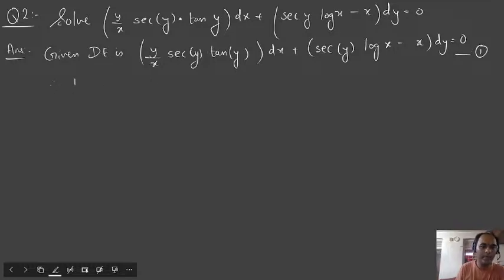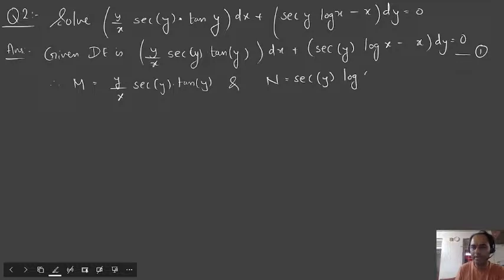Now M over here is (y/x) sec y tan y, and N over here is sec y into log of x minus x.